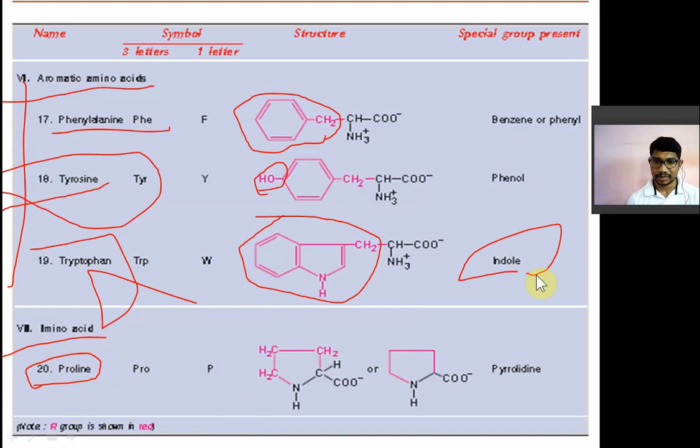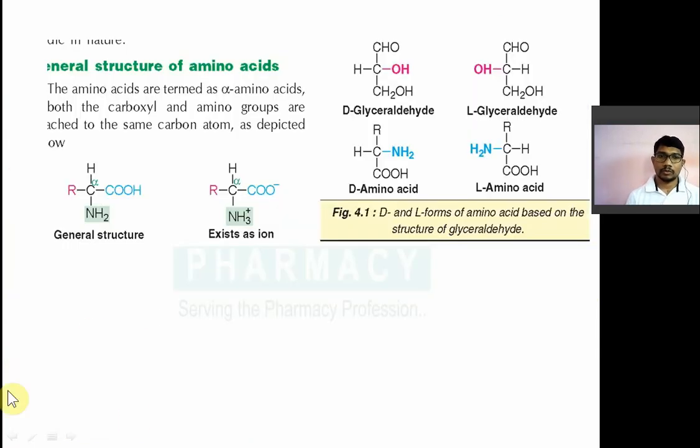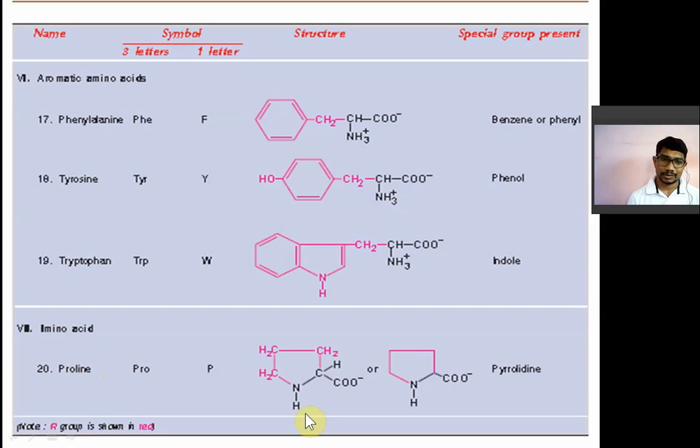Now you can see what the general structure of an amino acid is. A carbon atom is attached to a carboxyl group and an amino group. That carbon atom is known as the alpha carbon atom. That is the general structure, and the side chain can be different in different amino acids. They are known as alpha amino acids. Both carboxyl and amino groups are attached to the same carbon atom.